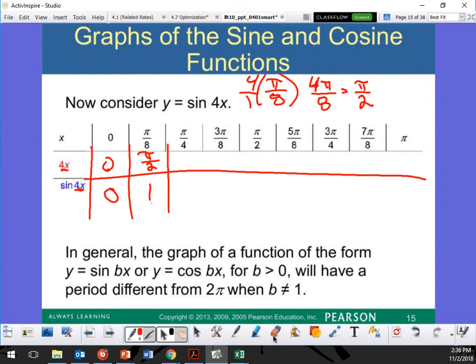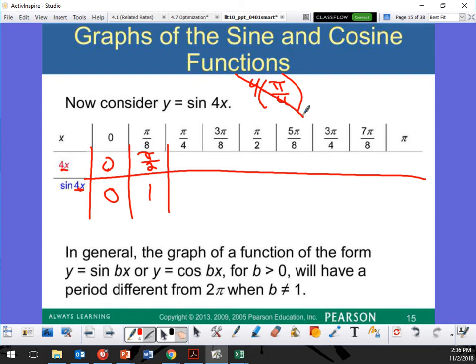Now, let's do it again. So 4 times, what's the next one? 4 times pi over 4. Can I reduce here? Yes. I'm multiplying by 4 and I'm dividing by 4. So just pi, right?